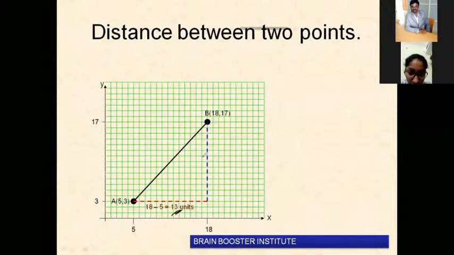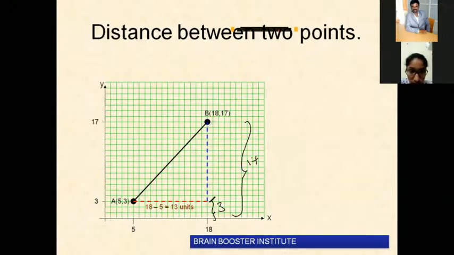The distance of the point B from the x-axis is nothing but 17 units. Now here, this distance is 3 units.